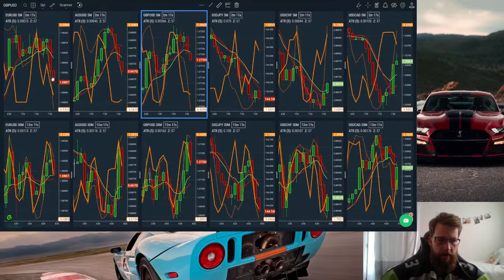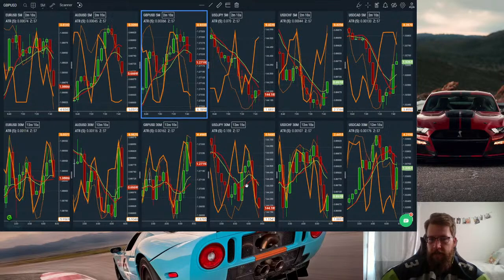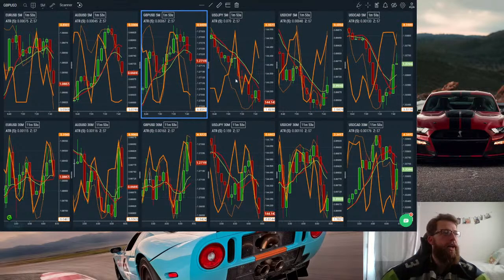So down, up, no, down, up, no, down, up, no, down, down, yes, on the yen. In fact, this is a very bearish signal here where we have a cross in the downward direction with red on top. Up, down, no, up, down, no. So the only pair that has confluence right now is the yen.